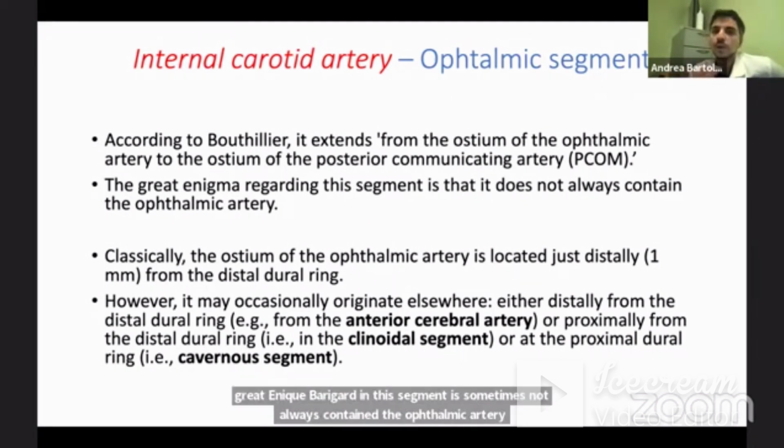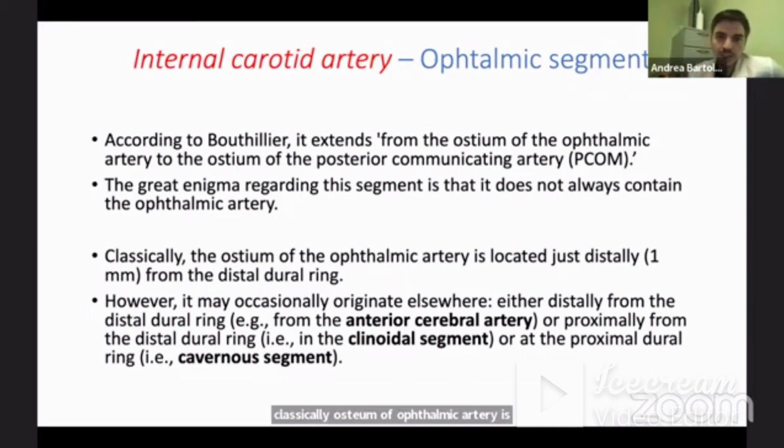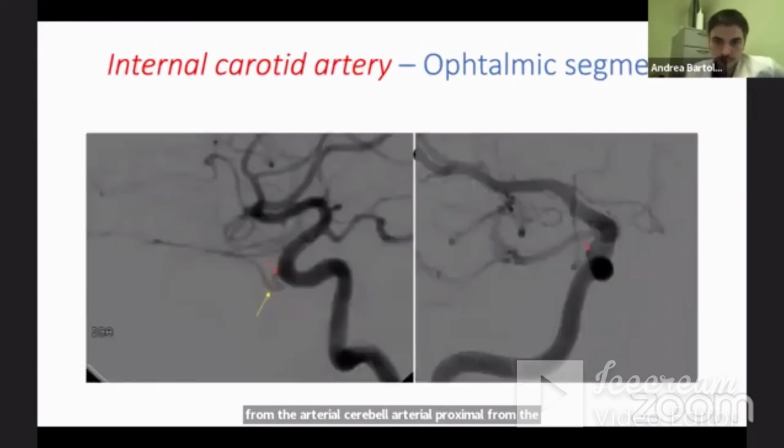Classically, the ostium of the ophthalmic artery is located just 1 millimeter distal to the distal dural ring. However, it may occasionally originate elsewhere, either distal to the distal dural ring, from the anterior cerebral artery, or proximal to the distal dural ring, such as the clinoid segment, or the proximal dural ring, such as the cavernous segment.